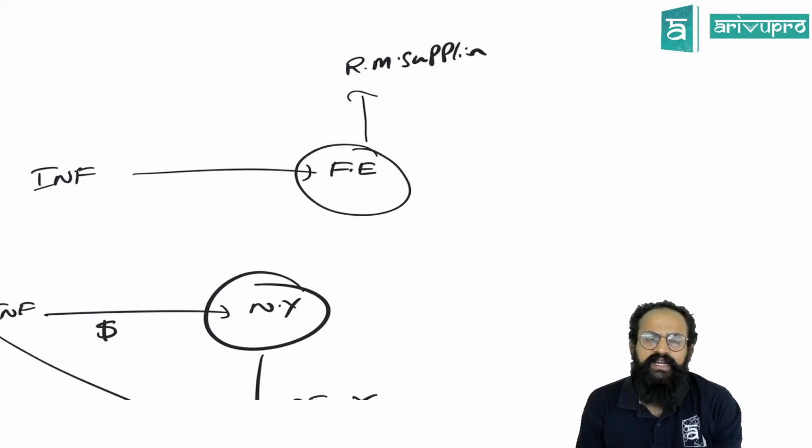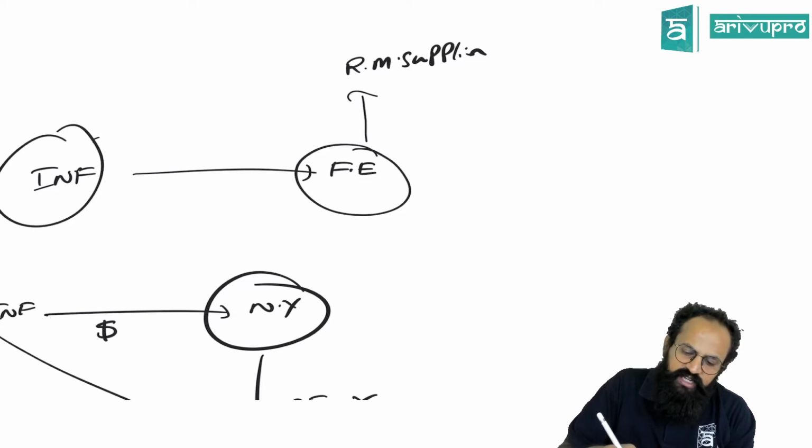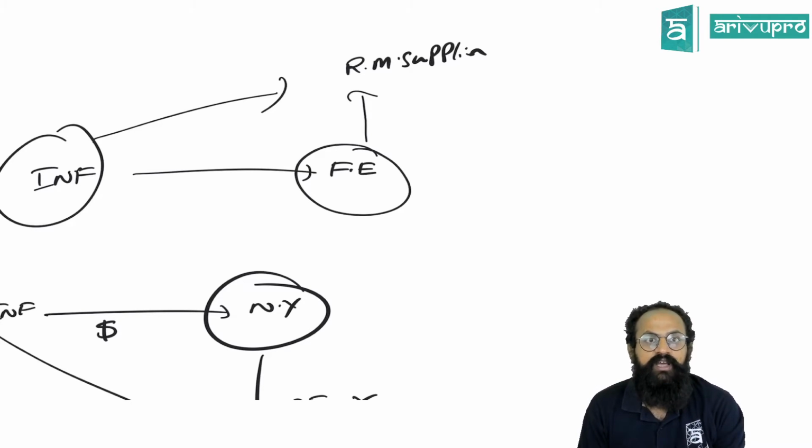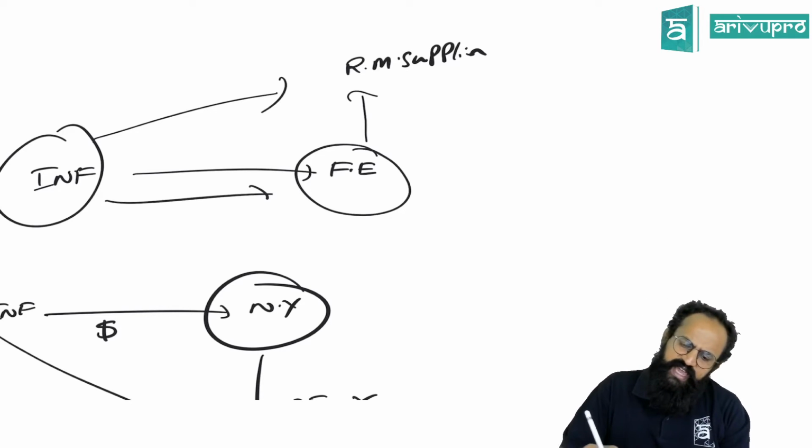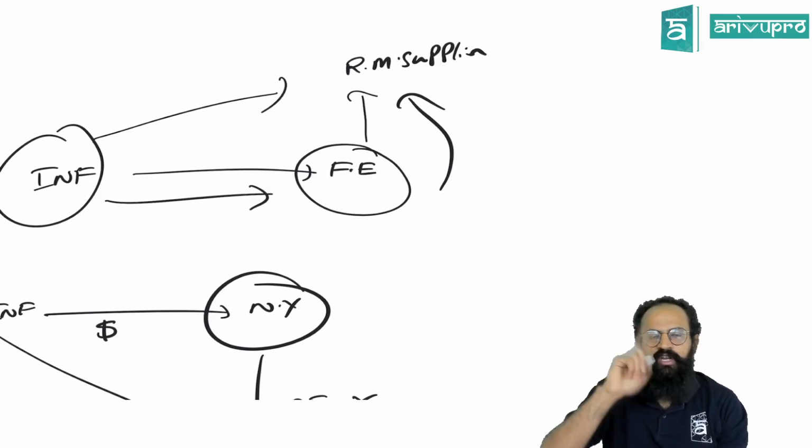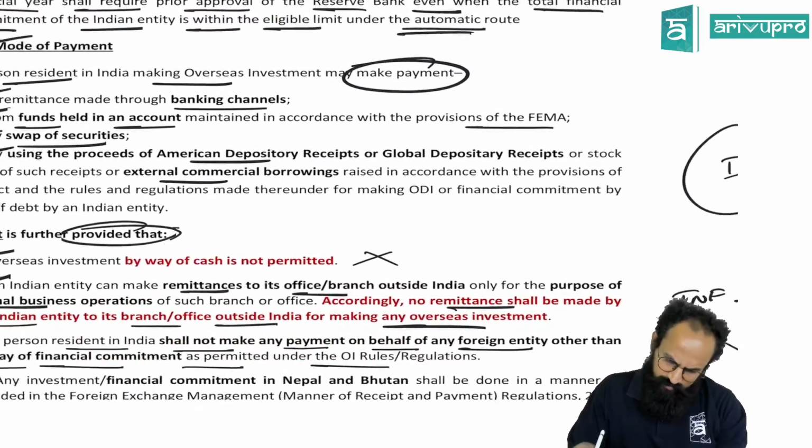So our foreign entity outside India has to make some payment. Infosys cannot give the payment to the raw material supplier of our foreign entity. It is not allowed. You give it to them, they can pay, that is fine. But you directly don't pay. That is the third note.